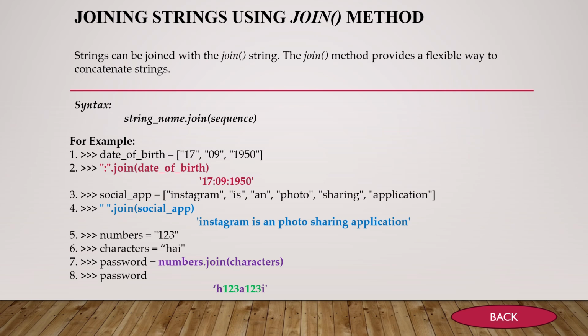We need to provide the delimiter as the string name, and the sequence should also be provided. So the colon is inserted in between by using the join. And as far as this sentence is concerned, we are joining the sentence by using the space delimiter.